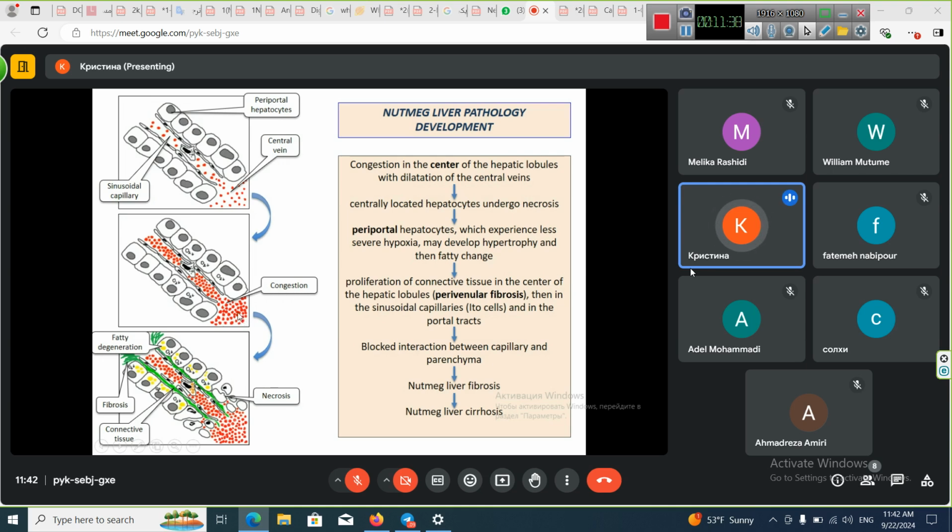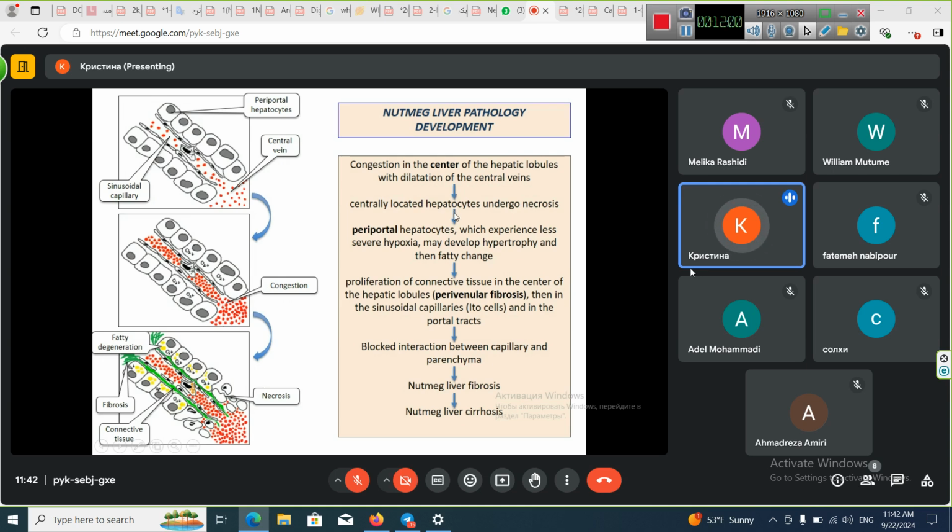Heart doesn't receive blood because it is too weak. So blood stays here, it cannot go to the heart, and it causes congestion and dilation of the central vein. Dilation means increase in diameter.